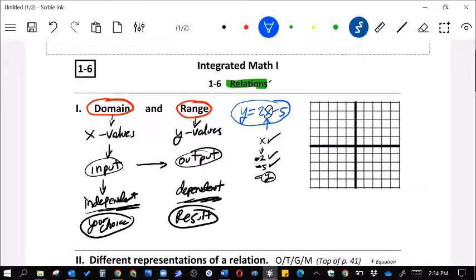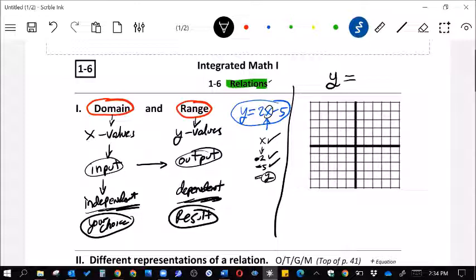All right, now back to the domain and range. I am going to graph a particular type of equation. Let's do Y equals X squared plus 2.